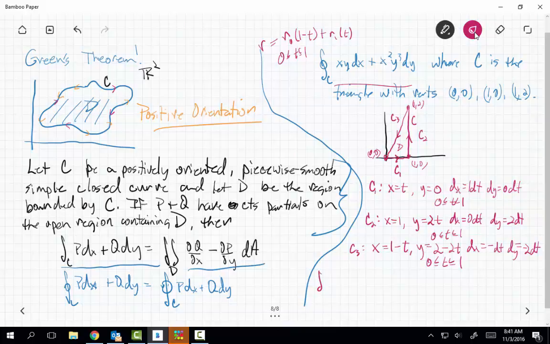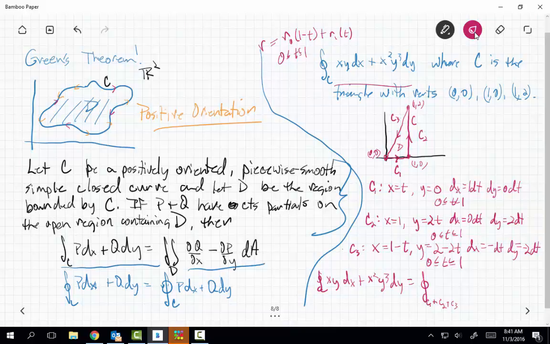So the line integral over C of xy dx plus x squared y cubed dy is going to equal the positively oriented closed line integral over C, but instead of C, because it's piecewise smooth, we got to go C1 plus C2 plus C3, right?